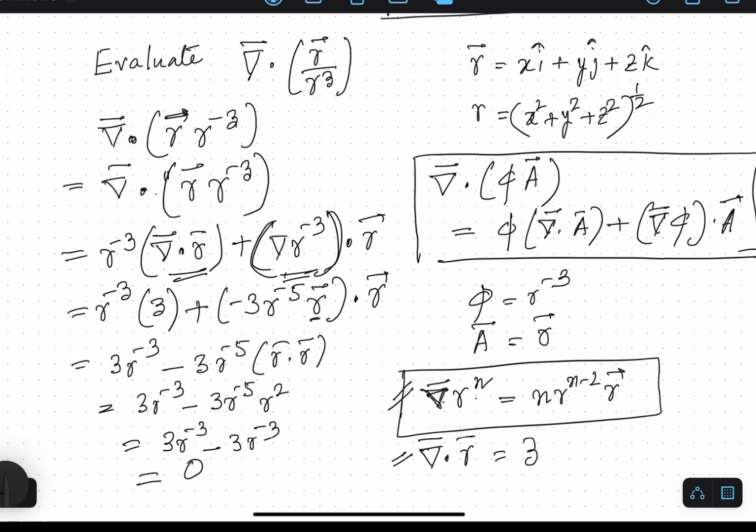Then we use grad of r to the power of n equal to n r to the power of n minus 2 r vector. And the third important finding is divergence of r, which has been discussed many times in class. Here I am directly taking divergence of r equal to 3. Substituting this value, I finally get 0.